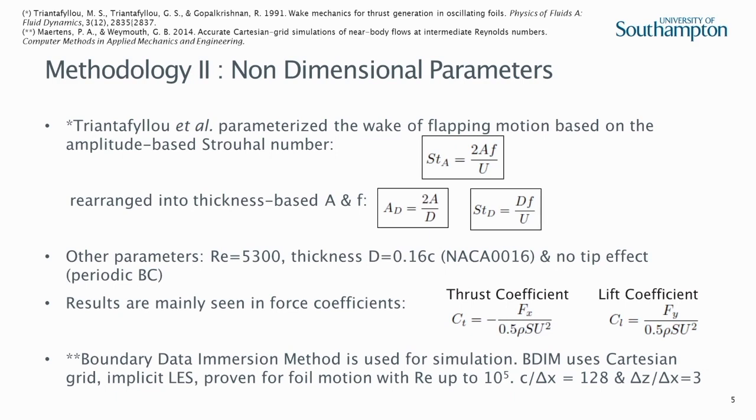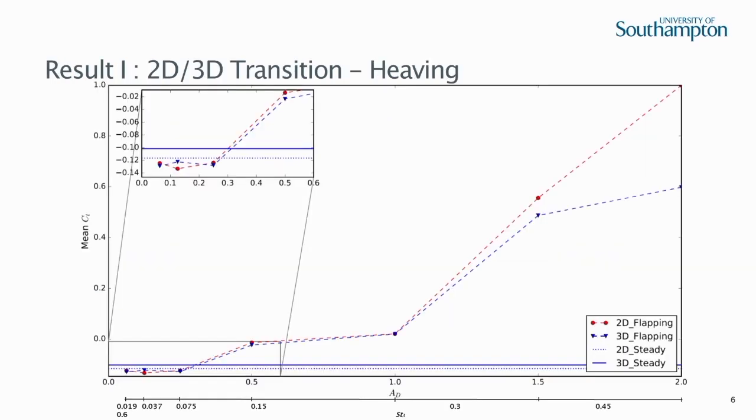He introduced it first using a Cartesian grid and implicit LES, and it is proven good for moving foils with Reynolds numbers up to 10 to the power of 5. My grid density along the chord is 128 in the streamwise direction, and my spanwise is 3 times the streamwise grid. Here I'm going to show you the results of the heaving.